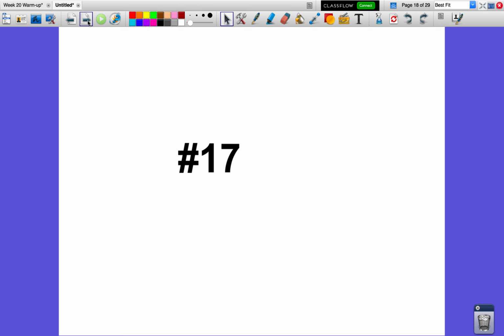Number 17. Miss Anwar received a charm bracelet for her 16th birthday. The bracelet she received had no charms. Prior to her birthday, Miss Anwar had added 6 charms to her bracelet.